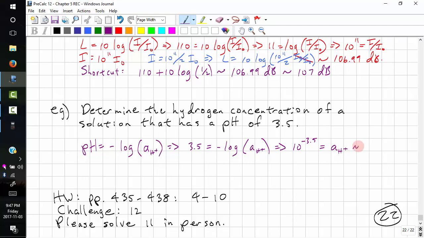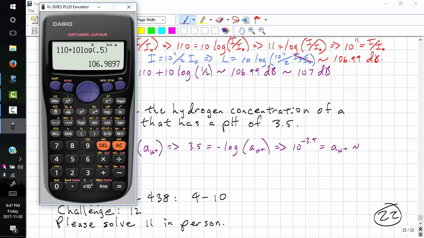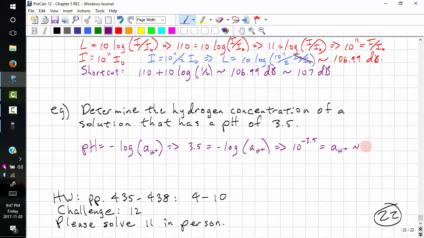and we plug this into the calculator. 10 raised to the power of negative 3.5. And let's write this in scientific notation. 3.16 times 10 to the negative 4.